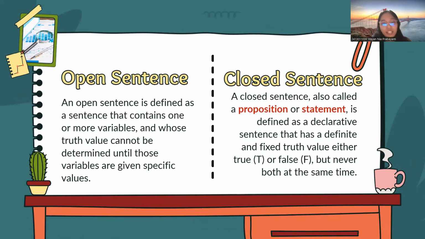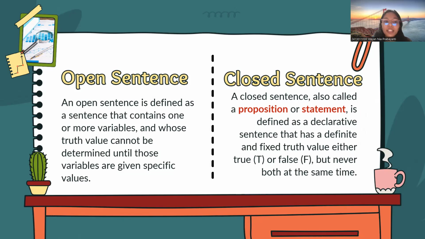Meanwhile, the closed sentence, also called a proposition or statement, is defined as a declarative sentence that has a definite and fixed truth value, either true or false but never both at the same time.